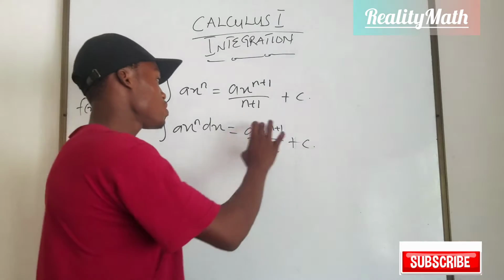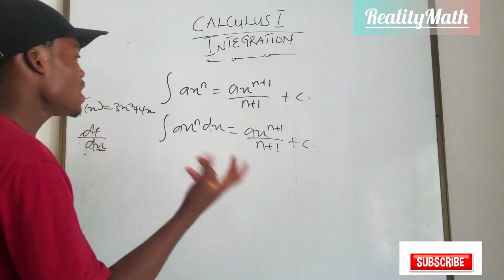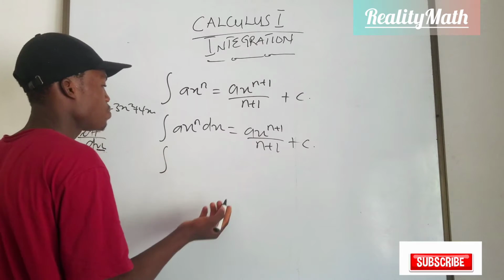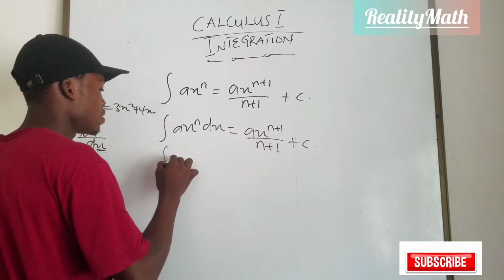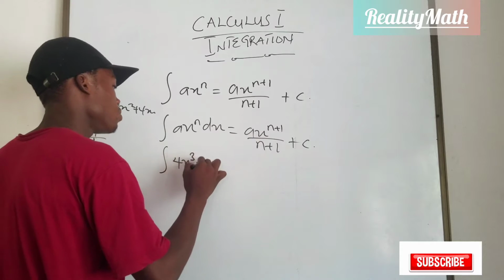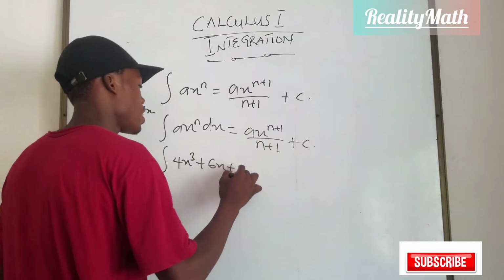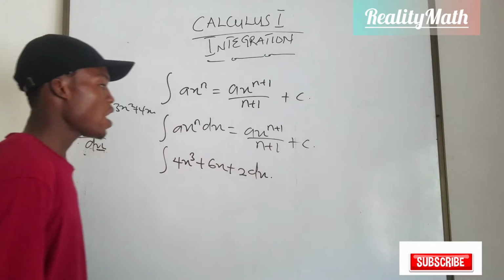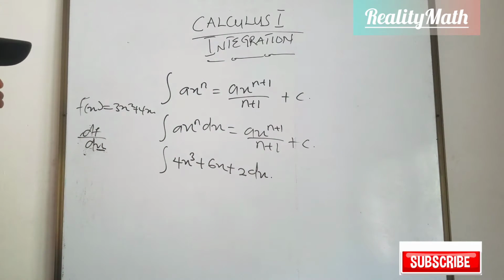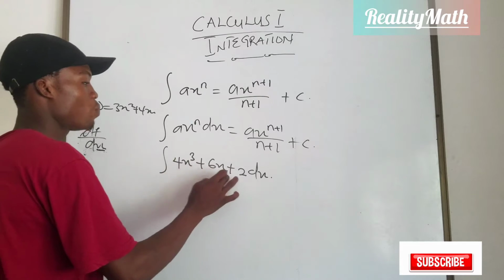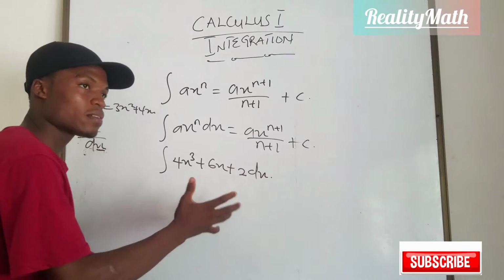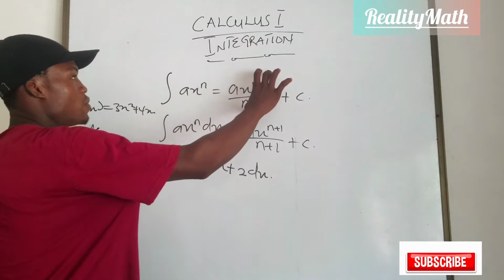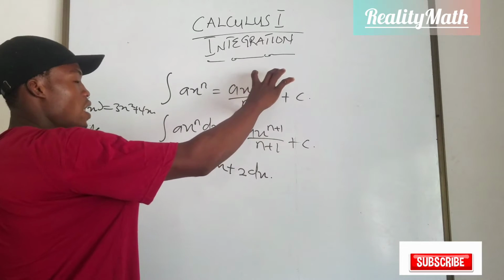Alright, let's take a typical example. Let's integrate a simple function like 4x cubed plus 6x plus 2 dx. The operational signs between the terms are plus, so we integrate term by term.